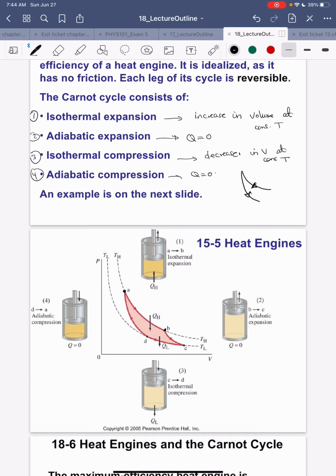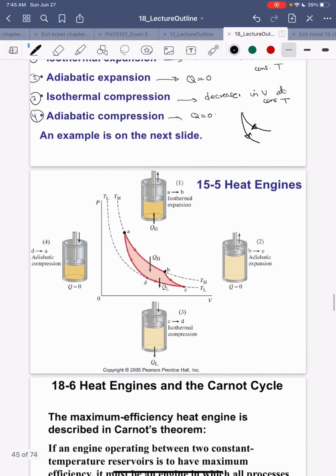There is an increase in the volume, and of course the temperature is going to change from the hot to the cold, or low. Now after that, the third process is isothermal compression. At the same temperature, you are going to have a decrease in the volume, and then you are going to have an adiabatic compression, and this closes the cycle.